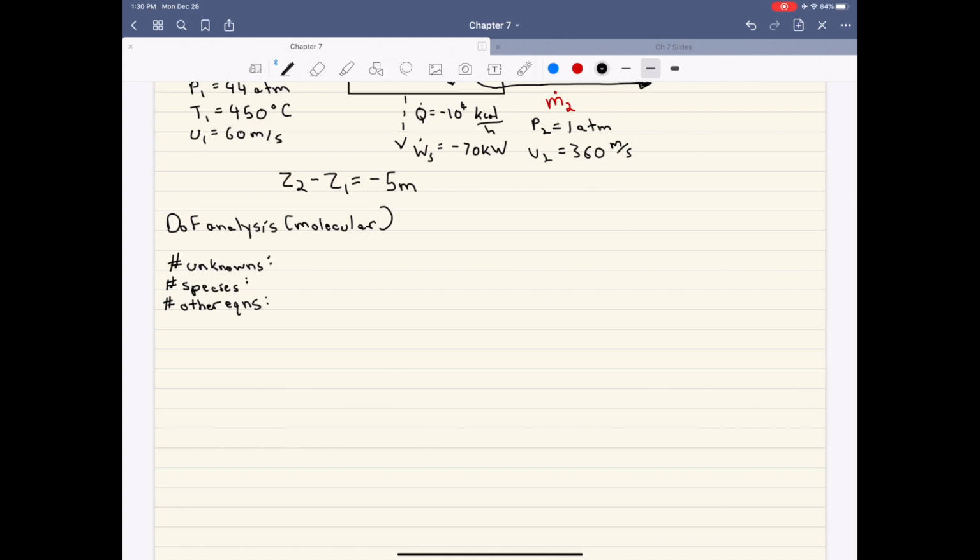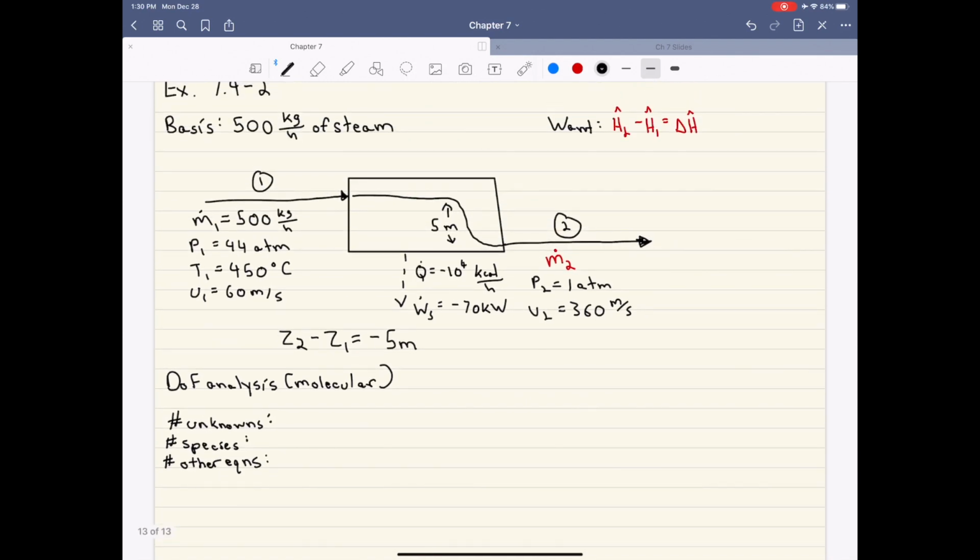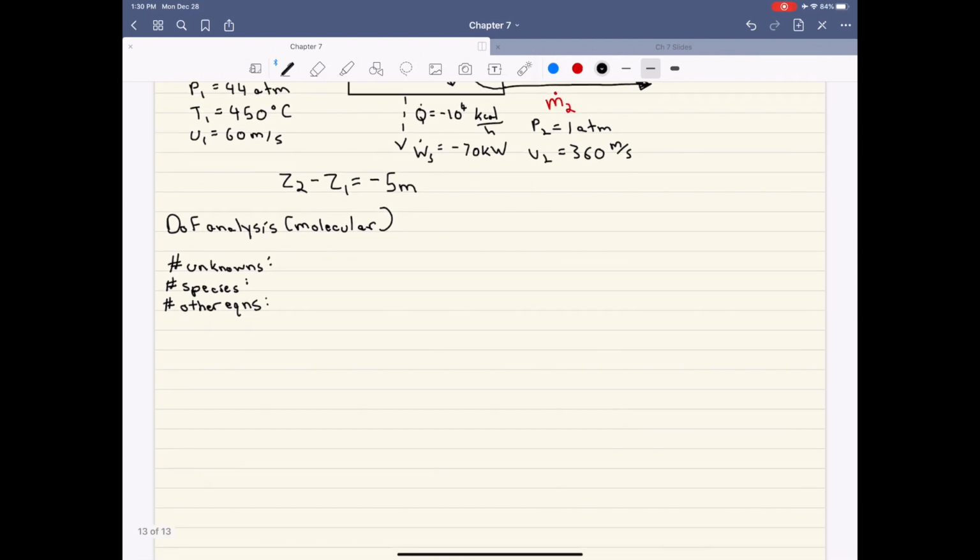Okay, so at this point, if we count up our number of unknowns, we only have two things in red text. So we have two unknowns, right, which is our exit mass flow rate and our enthalpy change. The number of species we have is just 1, right? It's just the steam.